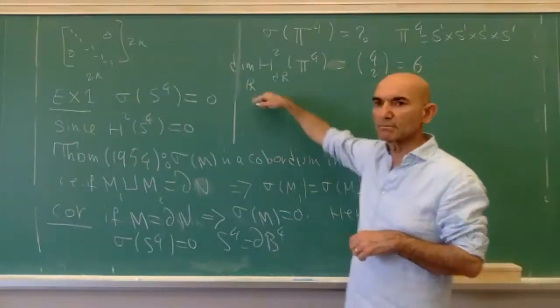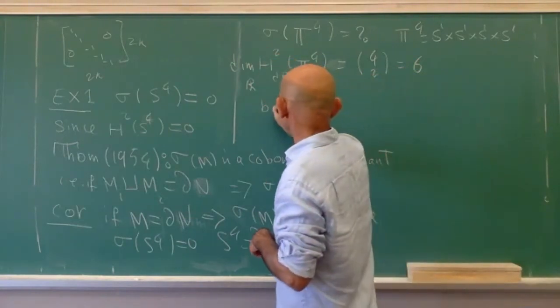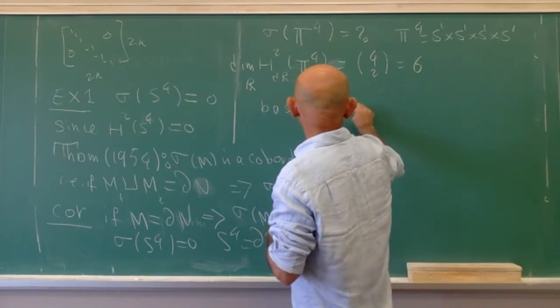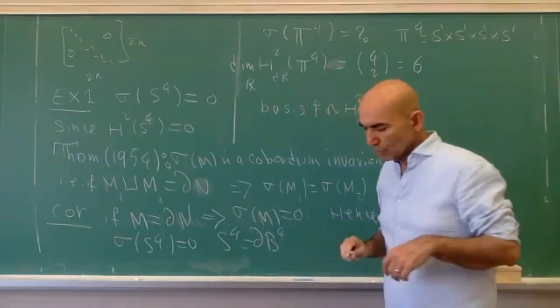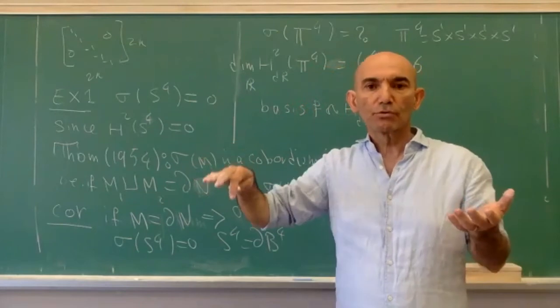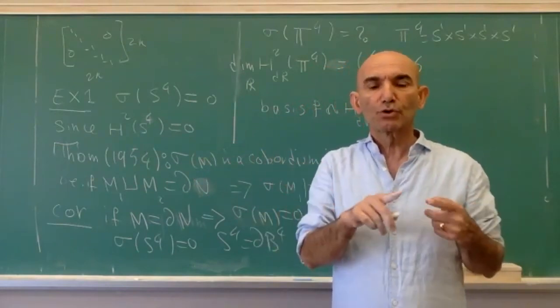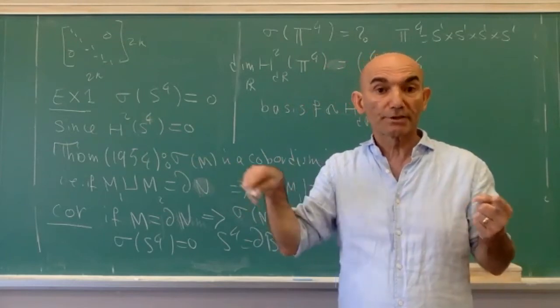So let me write a basis for this thing. So this manifold is flat, right? So you can write a basis for all differential forms. You choose global periodic coordinates x1, x2, x3, x4.